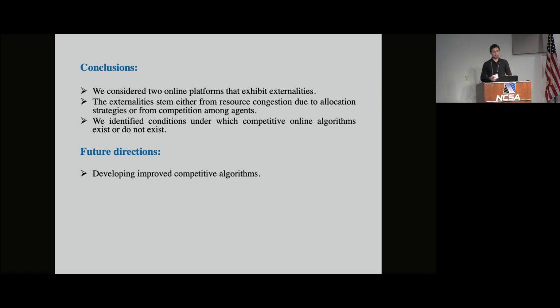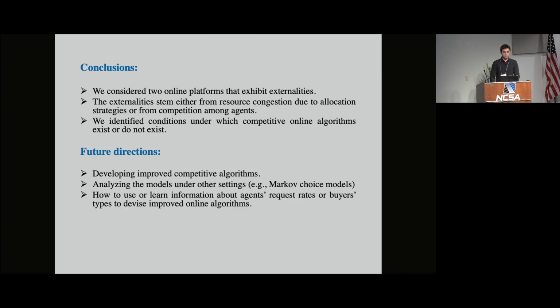To do so, we need to relax some of these hard constraints on the problem. One way of doing it is perhaps to look into some underlying information structure that we might have in the problem. As the platform is interacting with the agents, we try to learn some important information and design our algorithm to incorporate that information in order to get better constant competitive algorithms.